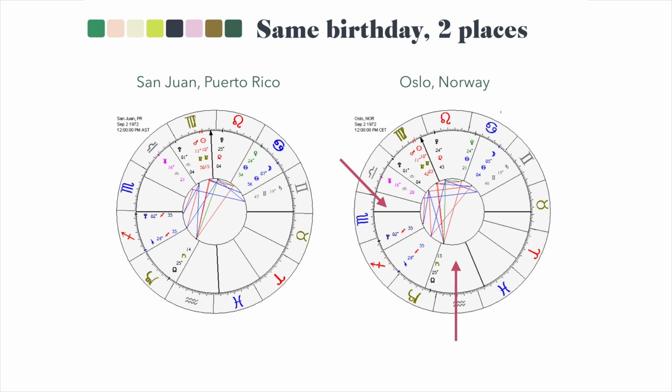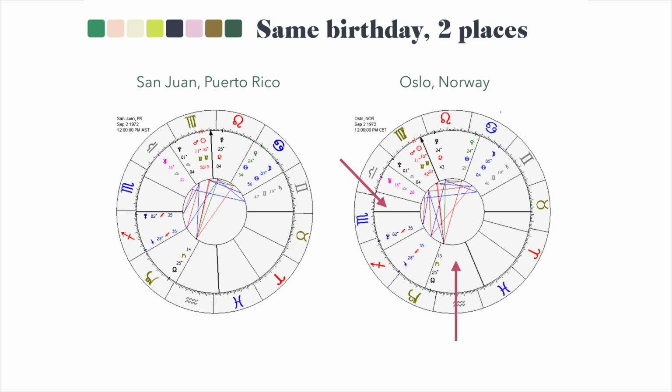The person born in Puerto Rico on September 2nd would have pretty even-sized houses on the left. And the person born in Norway, you can see their 12th house and their 6th house are very small, and then the 4th house and the 10th intersect with 3 signs. So if your chart looks like this, you didn't make a mistake. It's based on where you were born.